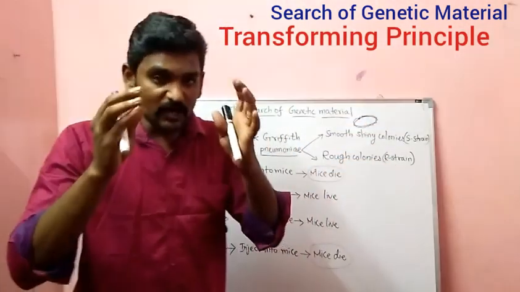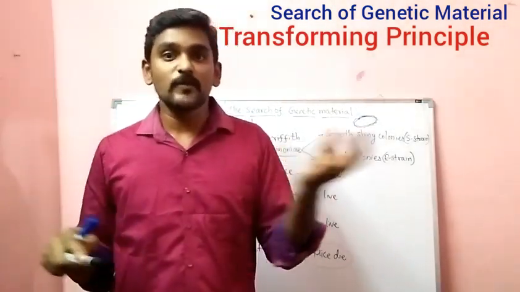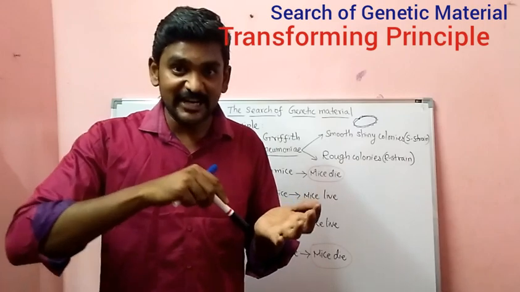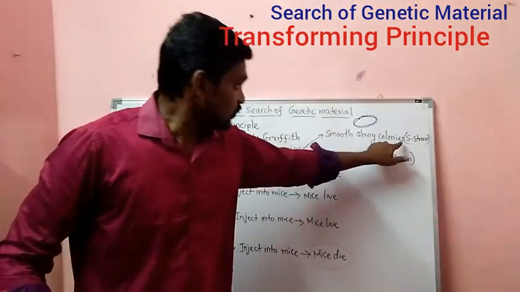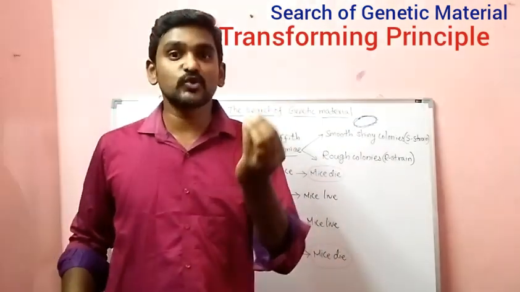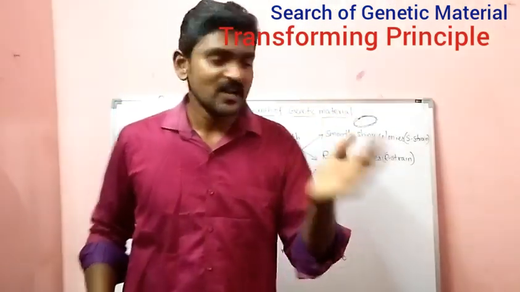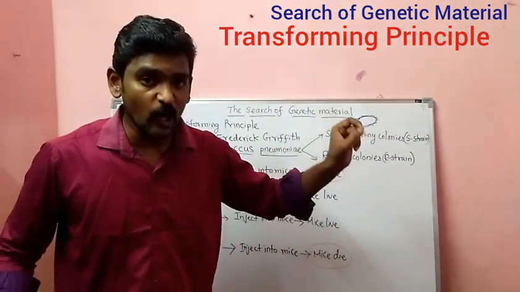When you view it under the microscope, as well as when you grow the bacteria in laboratory conditions in Petri plates, the colonies grow very shiny, so smooth and so shiny. Whereas the other type of bacteria is the R strain. R means rough.